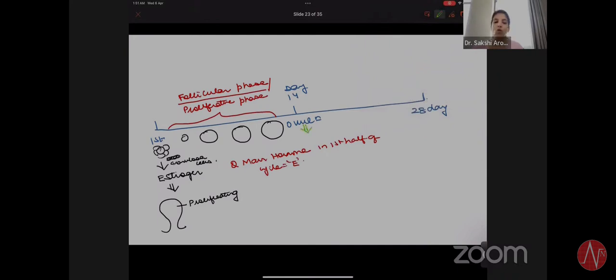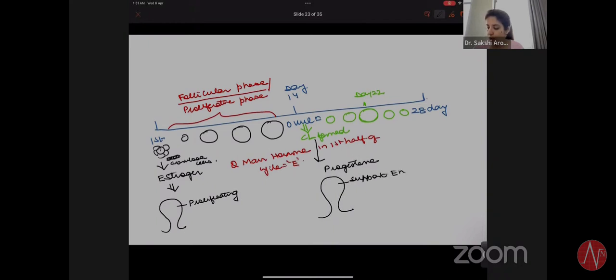Clear? अब second half में क्या हो रहा था? Second half में ovulation की वजह से corpus luteum was formed, and it was the corpus luteum which was initially increasing in size, and then it was decreasing in size. The main hormone was progesterone, and progesterone supports the endometrium, which is called as secretory action.